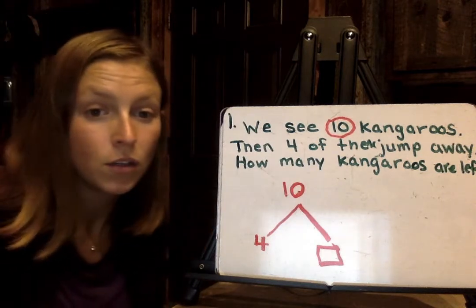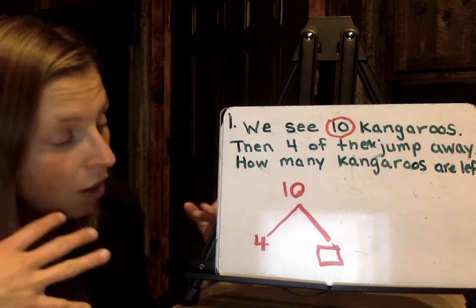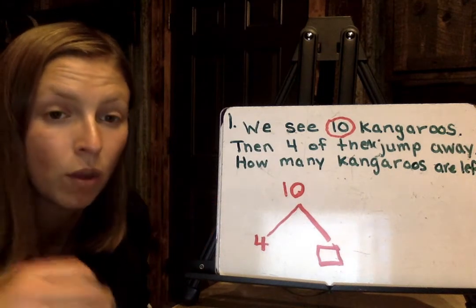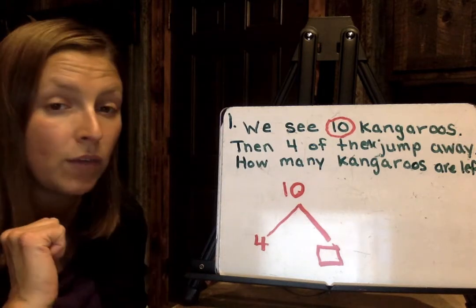All right. Now that we have our math mountain, let's think about how this will look in equation form. If you have not done it yet, please go ahead and write the equation for this problem if you think you know it.